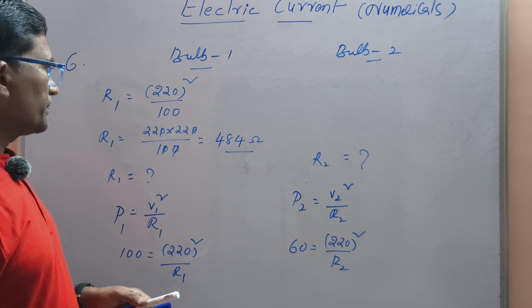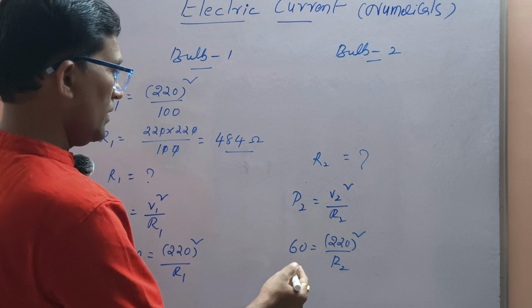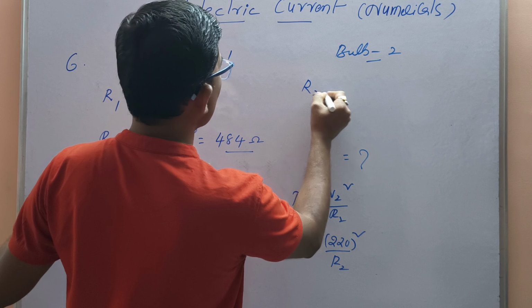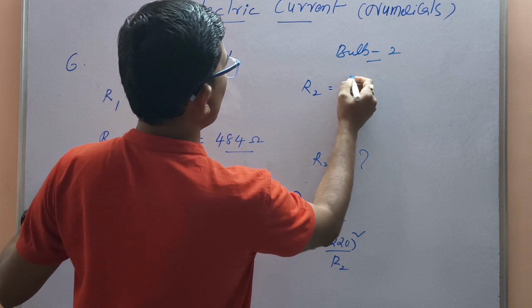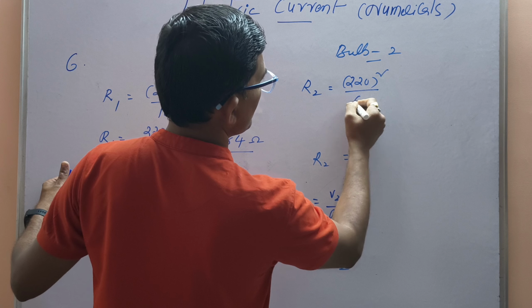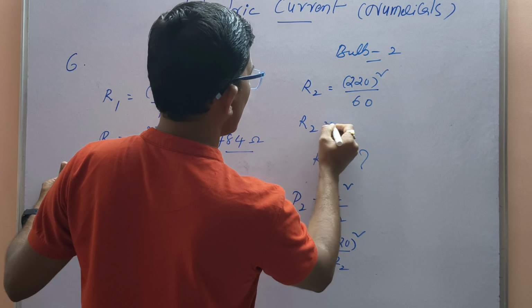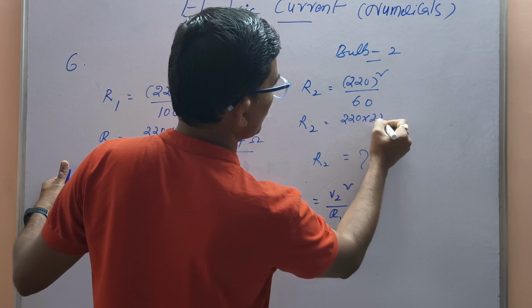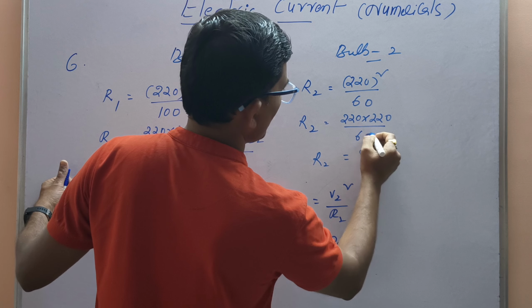And next, for the second one, R2 is equal to 220 whole square by 60. Now R2 is equal to 220 into 220 by 60. It gets cancelled.